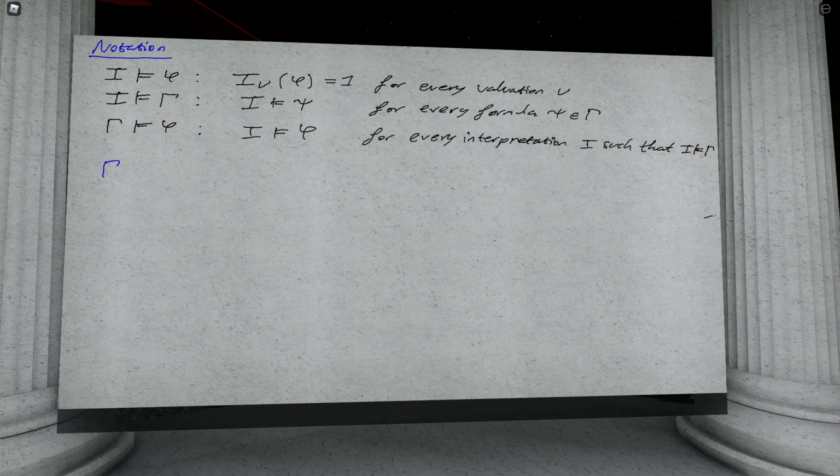It is, with a single turnstile, gamma turnstile phi.